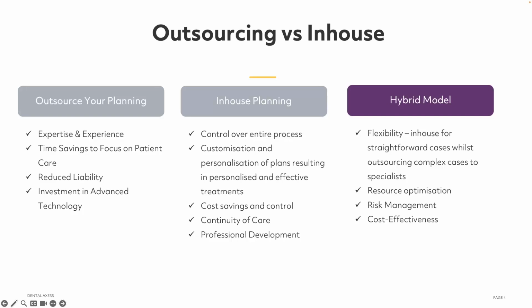By adopting this hybrid model, you can optimize your treatment planning process and be flexible enough to adapt to varying case complexities, to optimize and work with the different resources and expertise you have in-house. You can mitigate the risks associated with unfamiliar cases and improve patient satisfaction.